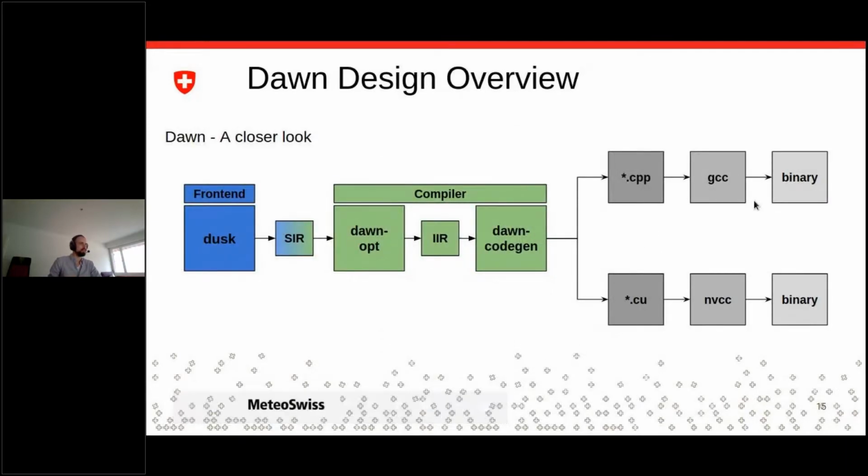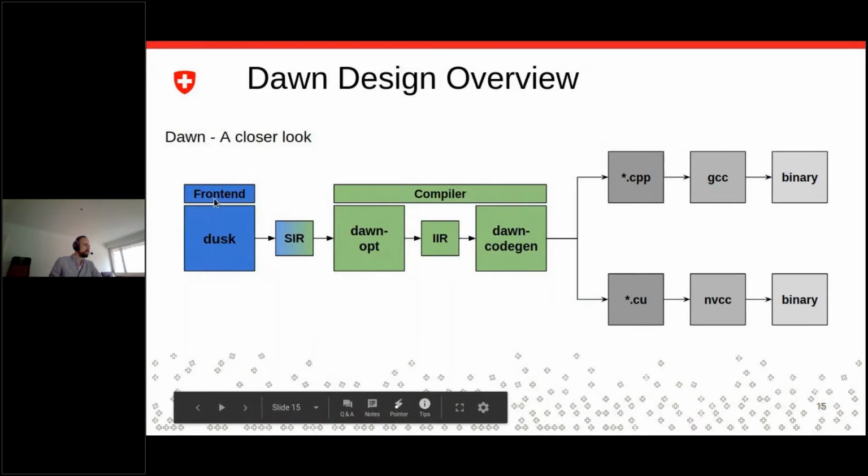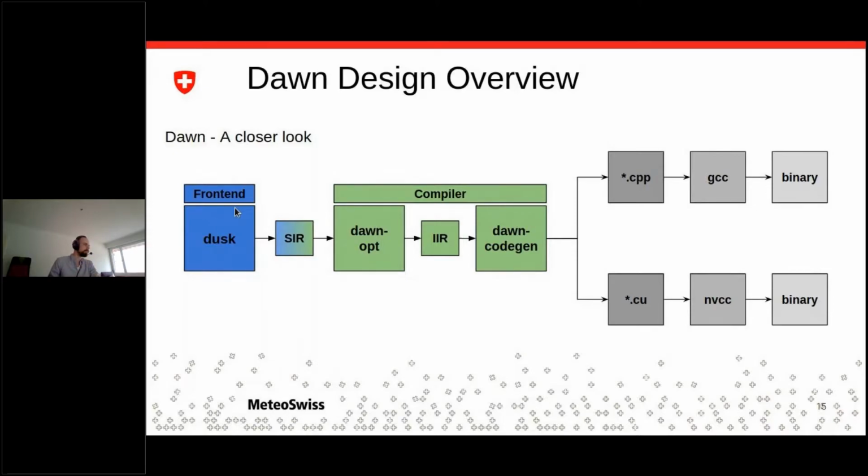Now I want to give you an introduction to the design overview, a high-level look at how these components play together. Dusk is a front end to Dawn. I will say a lot more about Dusk after the break.